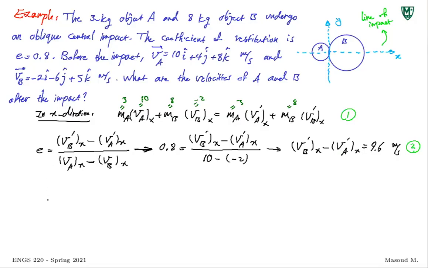If you do that, equations 1 and 2 will give you VA'X and VB'X. VA'X turns out to be minus 5.71 meters per second, and VB'X turns out to be 3.89.